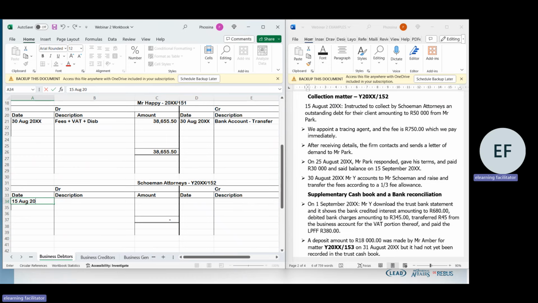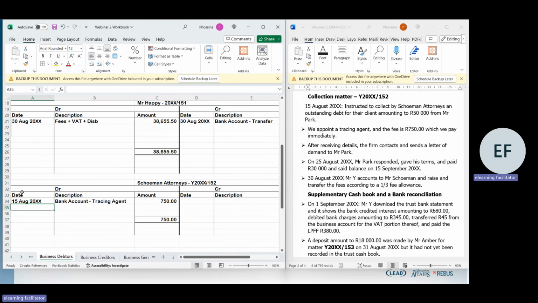So we do not create, and I will always emphasize this, we do not create a ledger account for the tracer. It has got nothing to do with the firm, but it is something that we are doing on behalf of our clients. We just record it on behalf of the client so that when we are accounting to the client, we can show them we paid 750 for you.